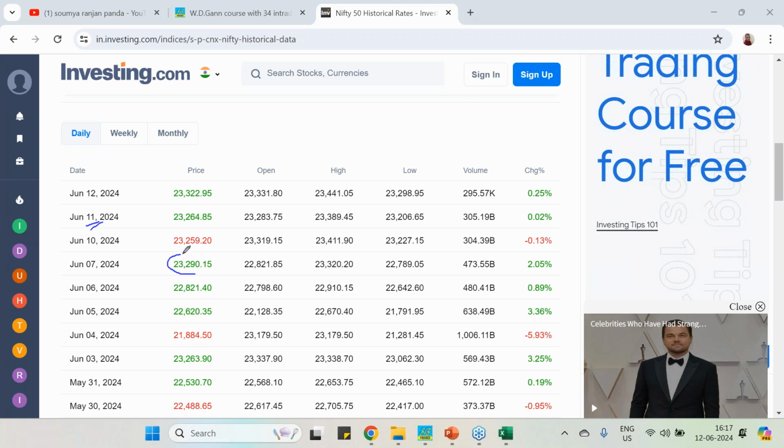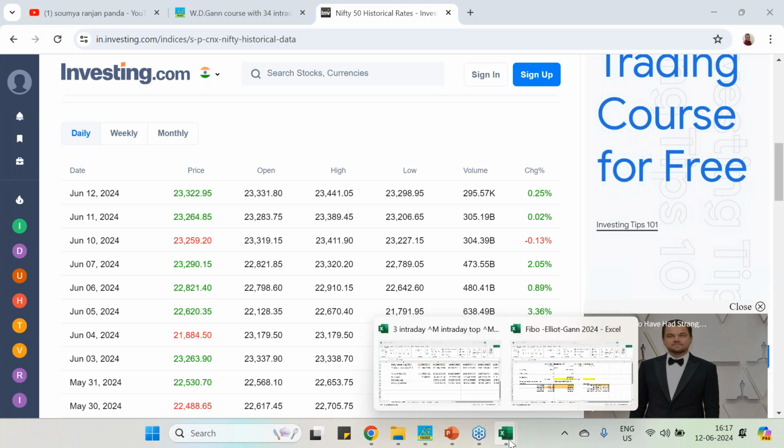So you have a negative closing here. If you compare 7th and 10th, it's a negative closing, so we should expect a positive opening or positive closing. Though it is a range bound closing, hardly 2-3 points, positive closing happened. So on 11th, it has worked perfectly.